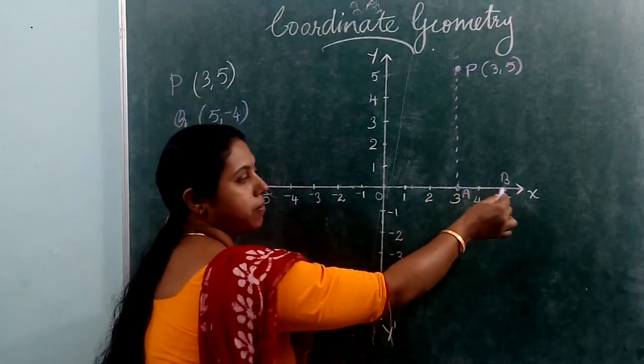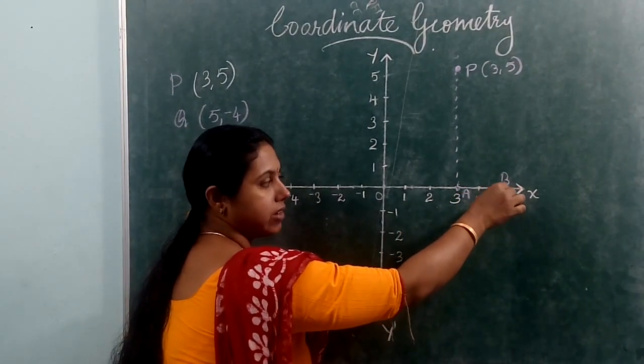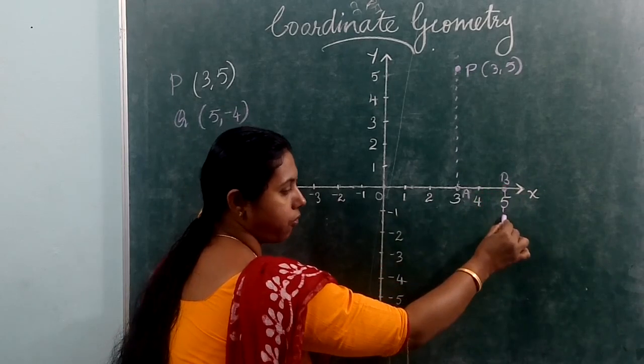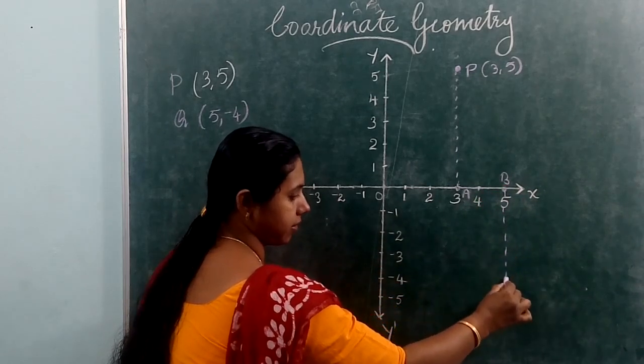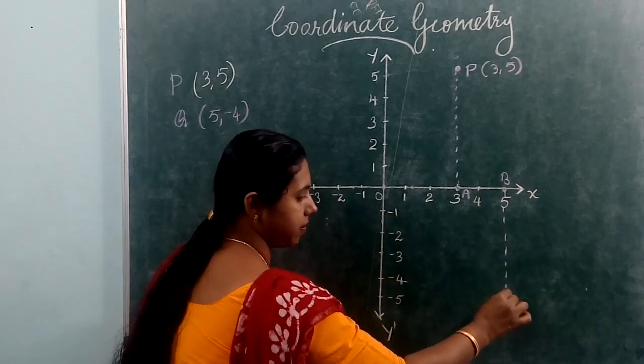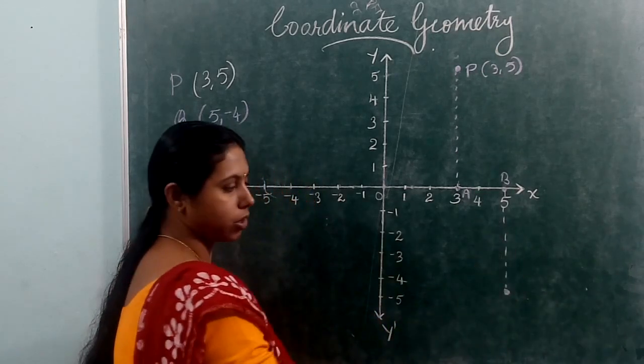So from B, move vertically downward 4 units. That point you can mark as Q.